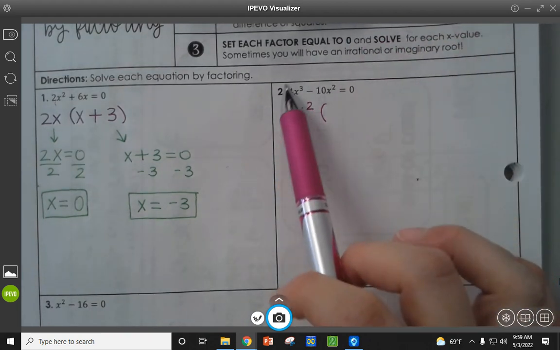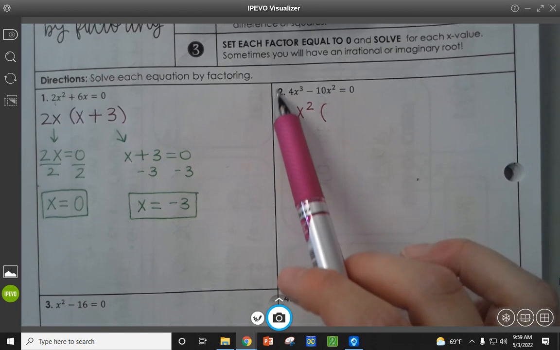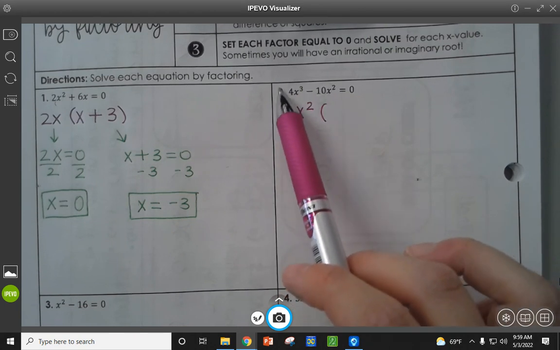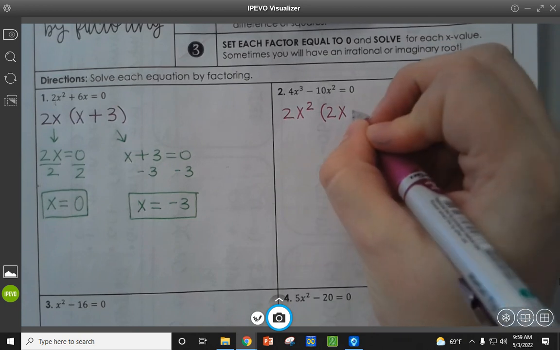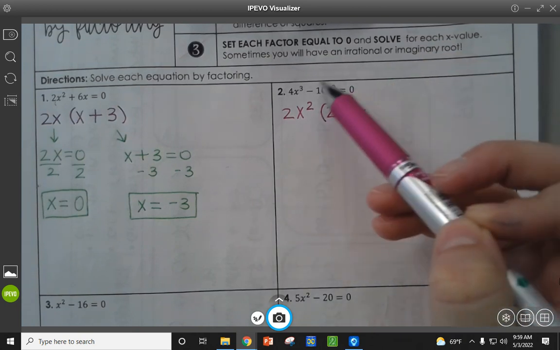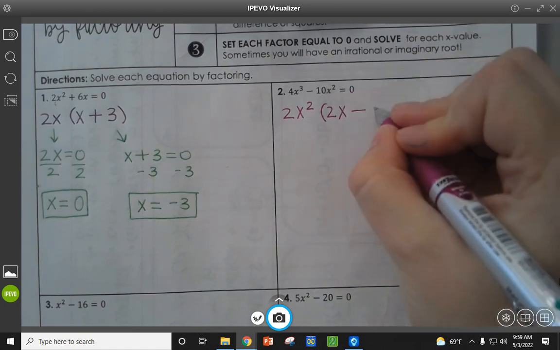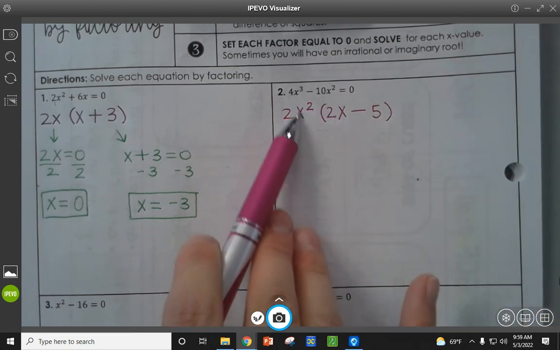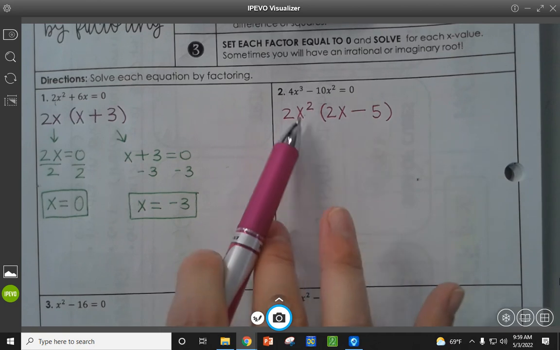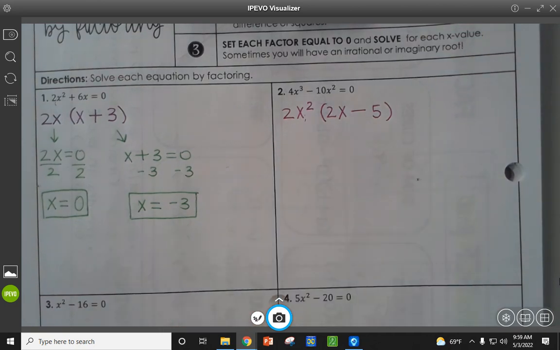So when I divide this by 2x squared, what's left? 2x. Good. Minus just 5. Just 5, because this one was x squared and I divided out that entire x squared.